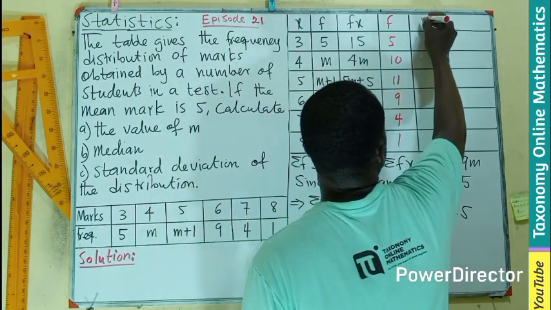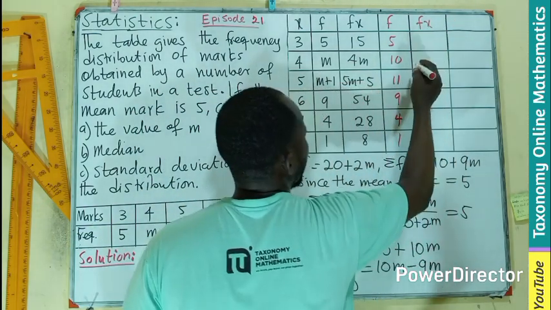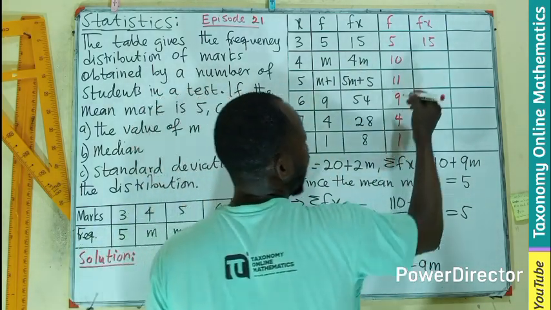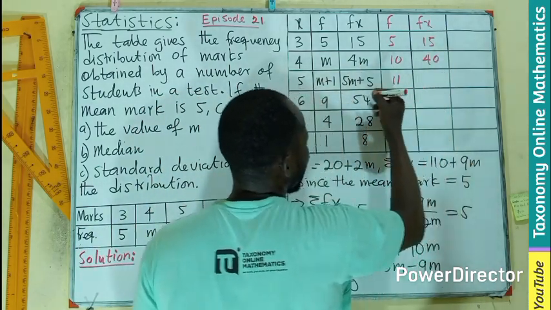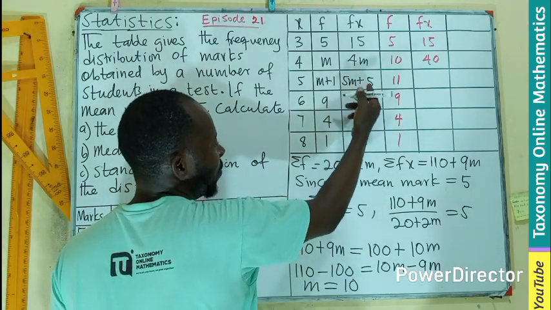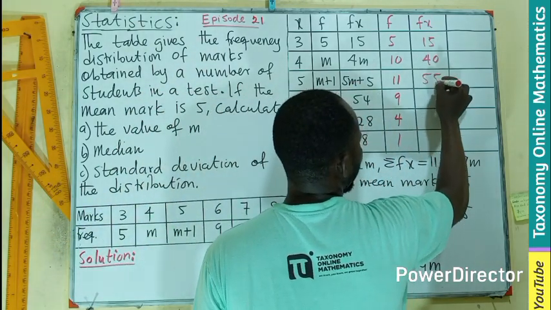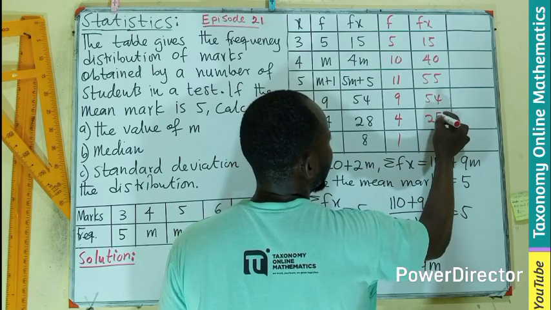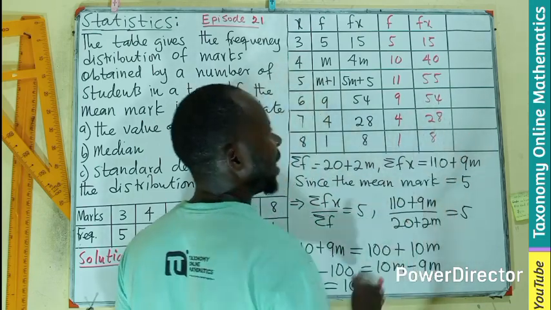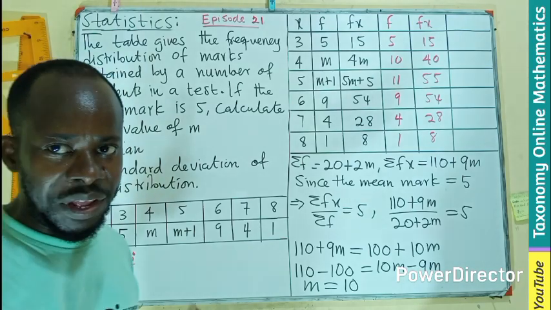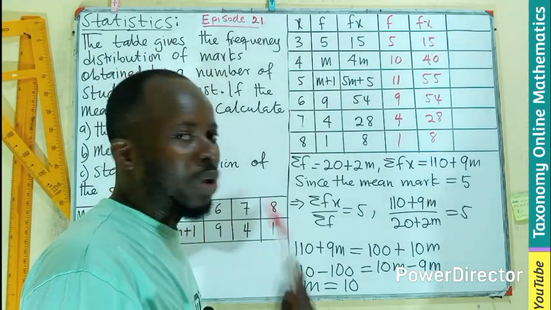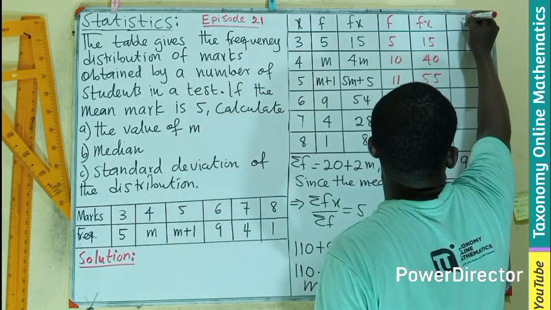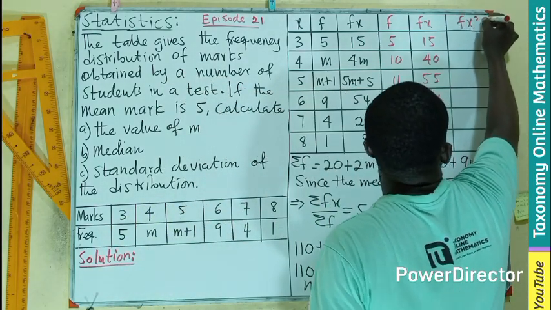We need to have our fx, which still remains 15. 4 times 10, 40. This is going to be 10 times this, 50 plus 5, 55, 54, 28, and what? 8. That is if we are redrawing the table, but we don't have space. You can redraw because you have a lot of space in your book. Because of standard deviation, let's go for fx squared.